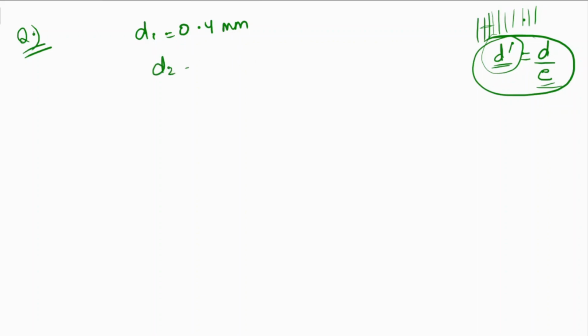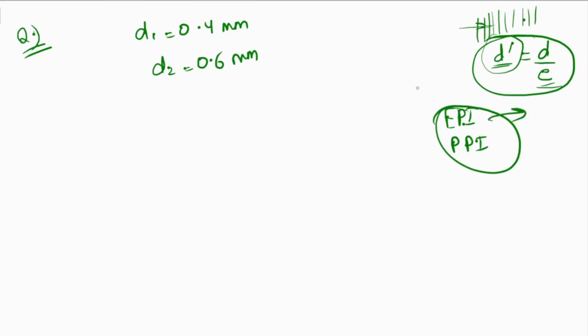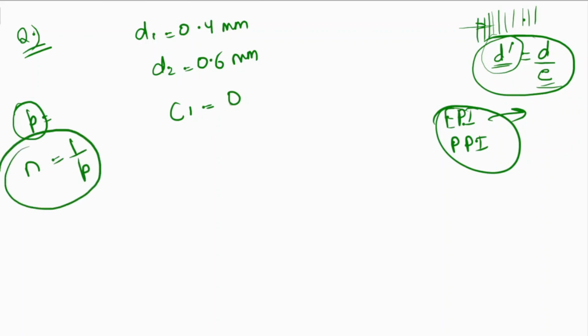Spacing is basically the end spacing and pick spacing, related to ends per inch and picks per inch, which we have already read. So the spacing is given. We have learned the formula that the spacing is represented by P, and n is equal to 1 upon p. So the cover is d upon p.